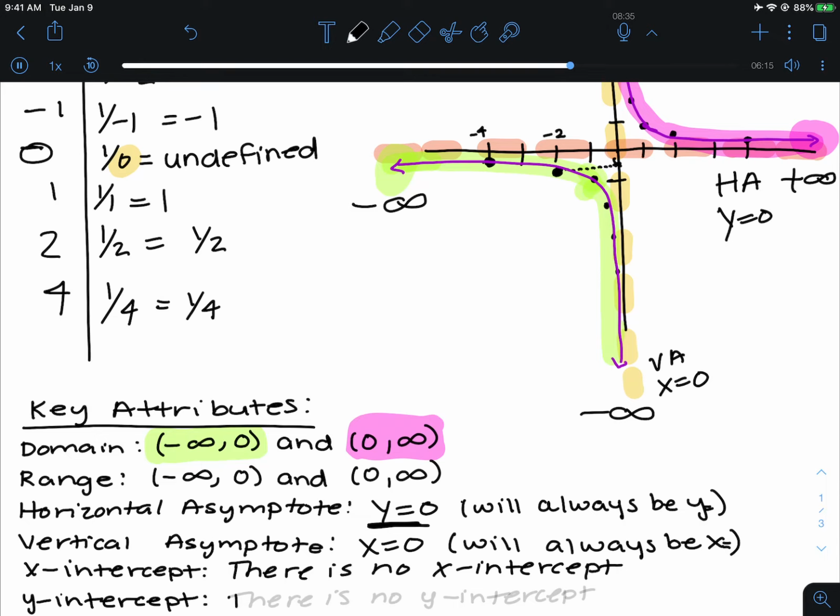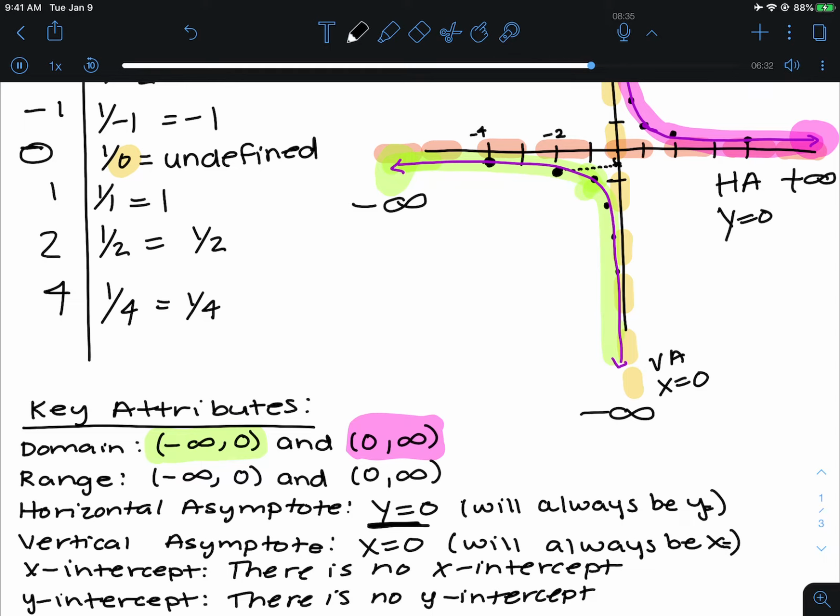That also means that there is no y-intercept. Okay, and that right there will be the attributes for this function.